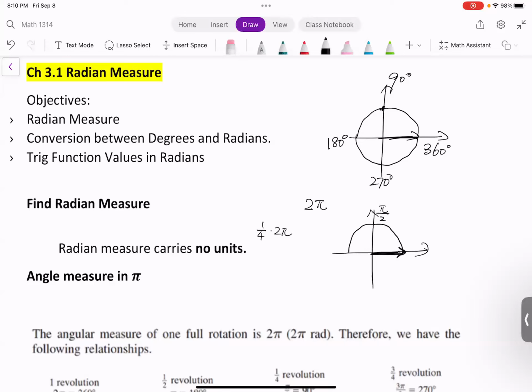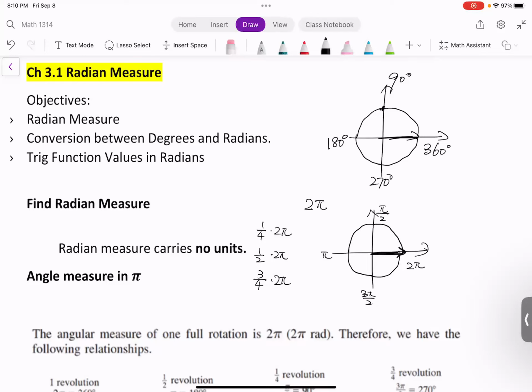How about continuing to rotate 1/2 of the full rotation? That is pi, the half of 2 pi. And continue to rotate. This is 3/4 of 2 pi. So here is 3 pi over 2. Continue to rotate. That's the full rotation, which is 2 pi.